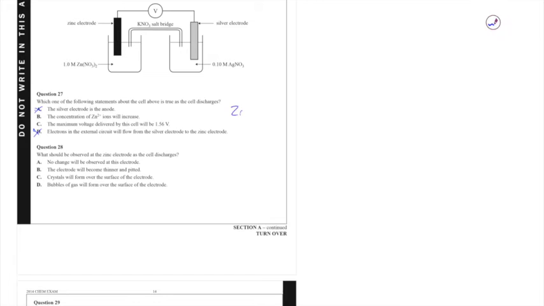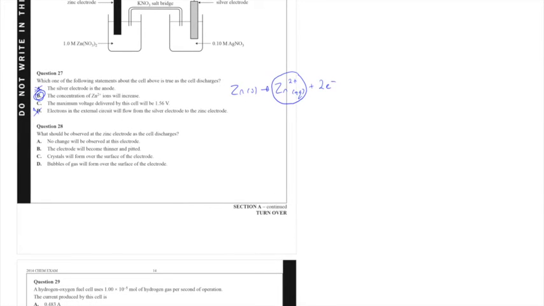So we're going to be going from Zn(s) to Zn2+(aq) + 2e-. And again, the reason why I know this is because the zinc electrode is the anode, oxidation's occurring. That means I'm producing this Zn2+, and that means the concentration of Zn2+ ions will increase, giving me answer B there for question 27.